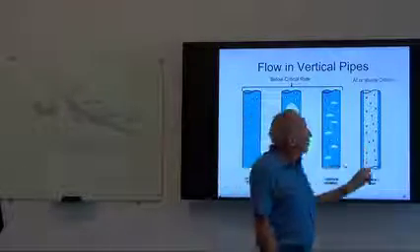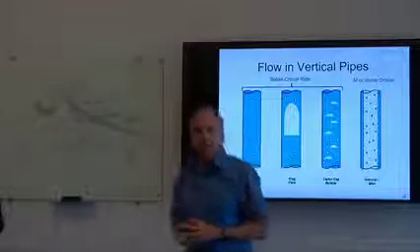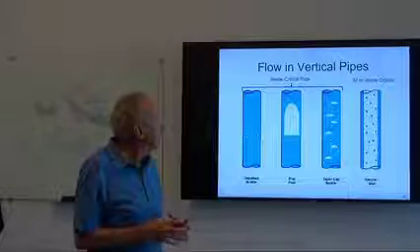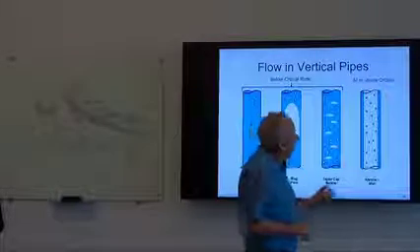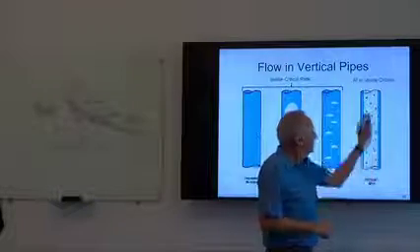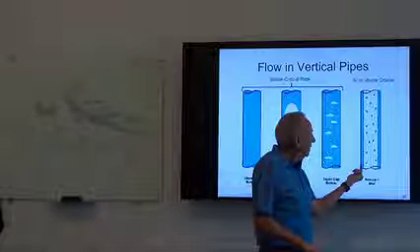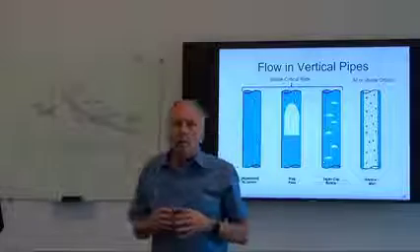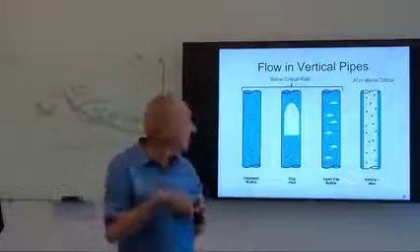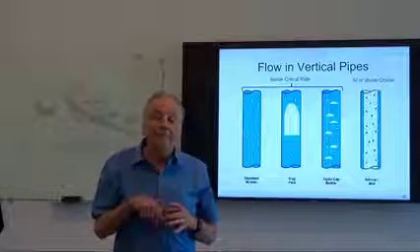And then at or above critical, what people are usually looking for is what they call annular/mist flow. And that just means that there is mist flow up through the center, and there is a liquid layer or liquid film which is attached to the surface of the pipe.